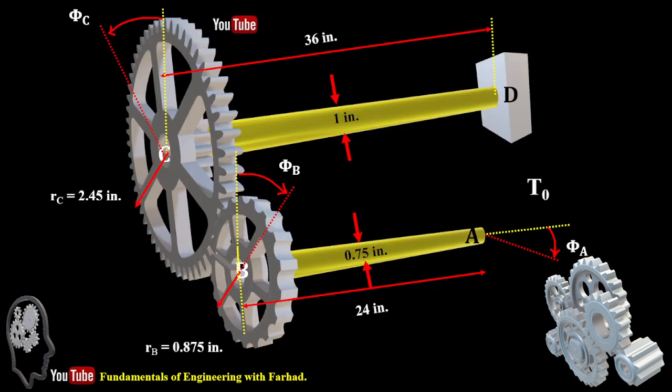Well, now we have our relative phi, so let's go for phi C, phi B, and phi A.